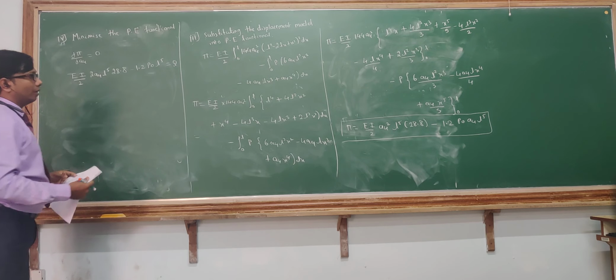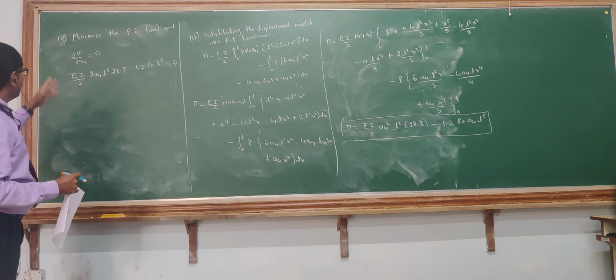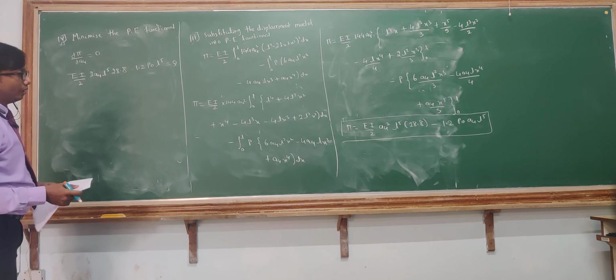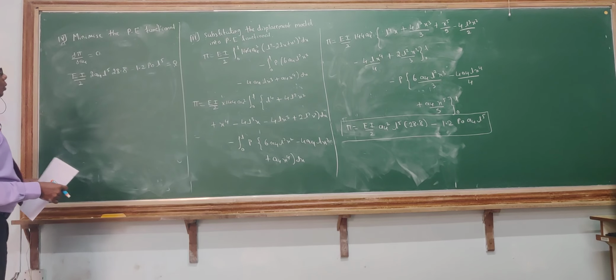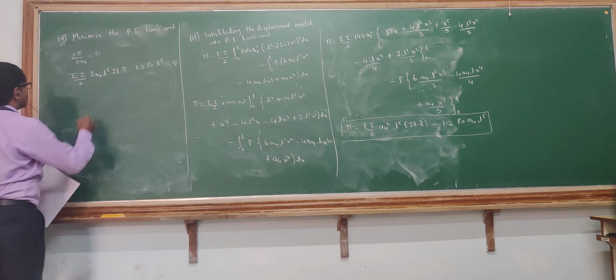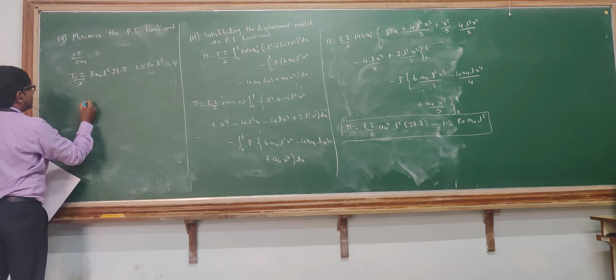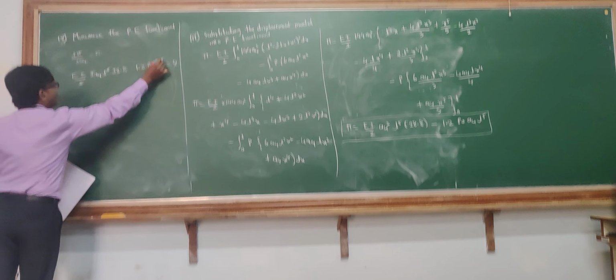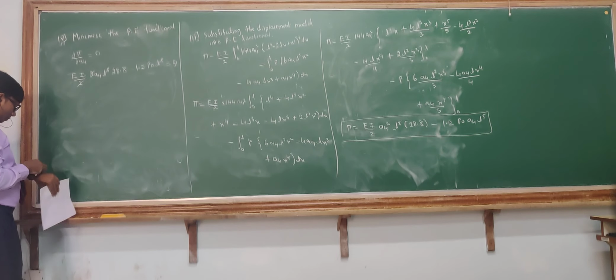I'm just partially differentiating with respect to A4. So 2A4 will be this much. So 2 gets cancelled. So L5 gets cancelled.